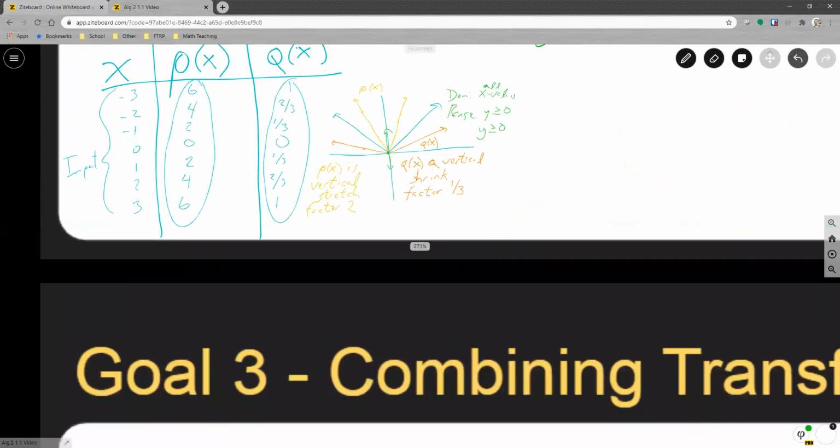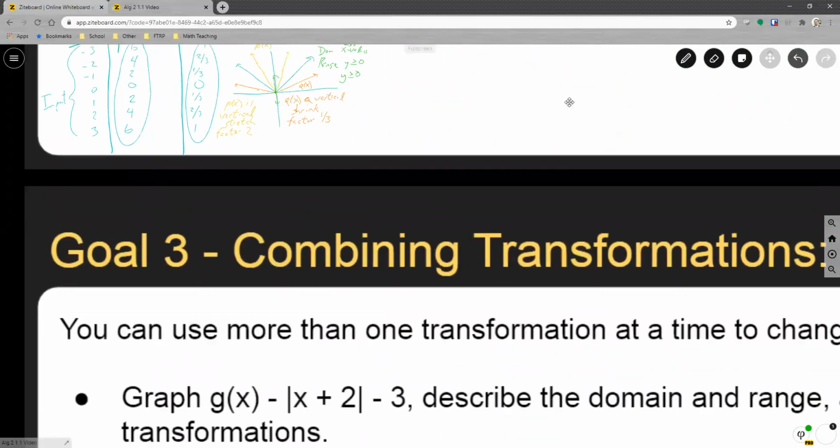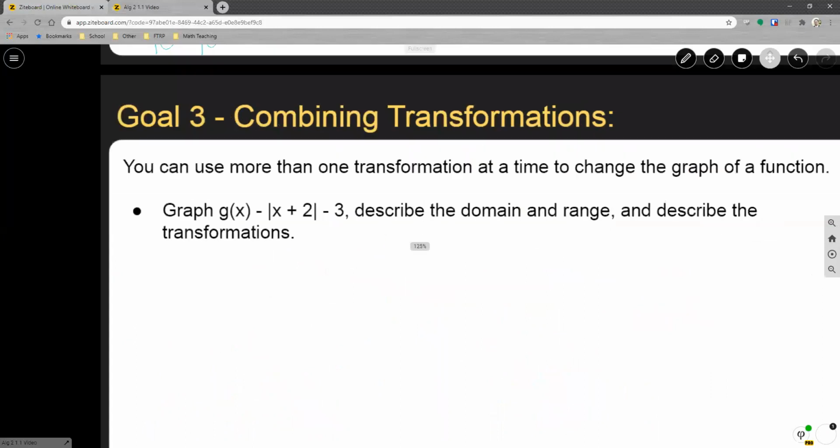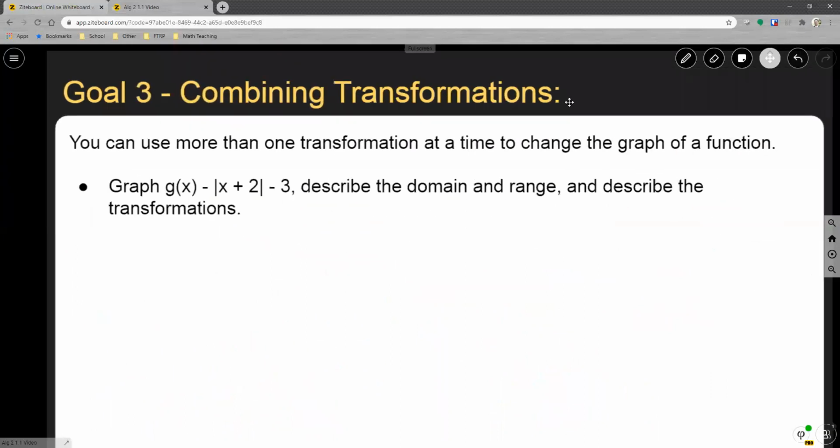All right. Last goal. One problem here. We're combining transformations. So we can use more than one transformation at a time to graph the function. And our goal here is to graph this function, g of x equals negative absolute value of x plus 2 minus 3.